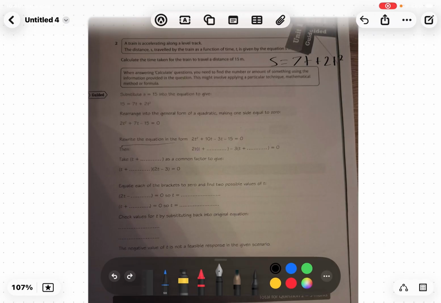Then we have to rewrite the equation into the form of this. How they got 10 and 3 is that you need numbers that add up to 7t. So 10 and negative 3 add up to 7, so that works out.